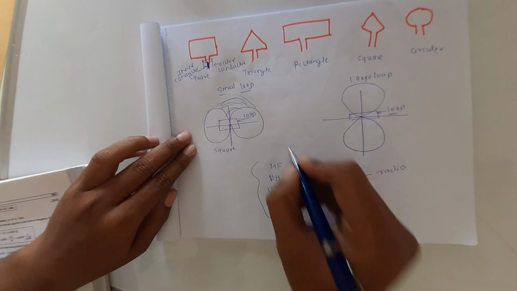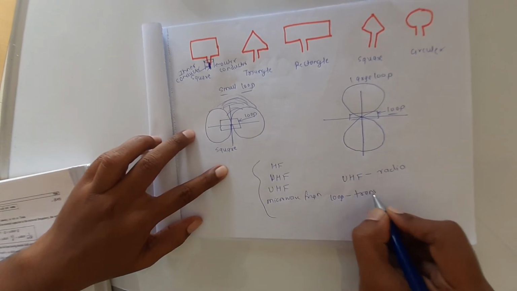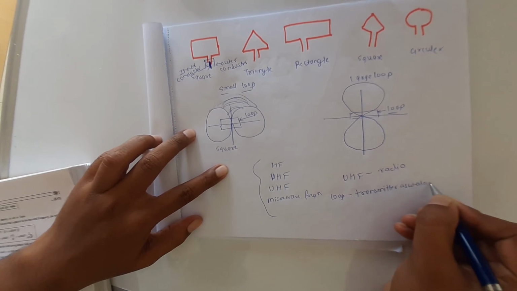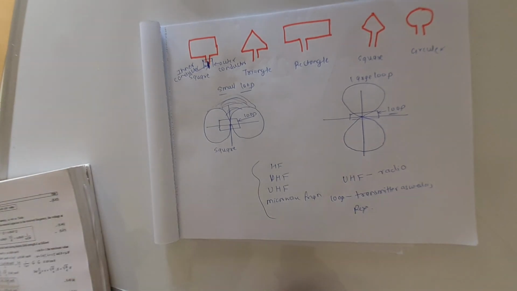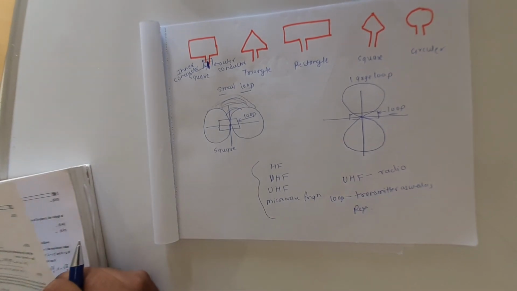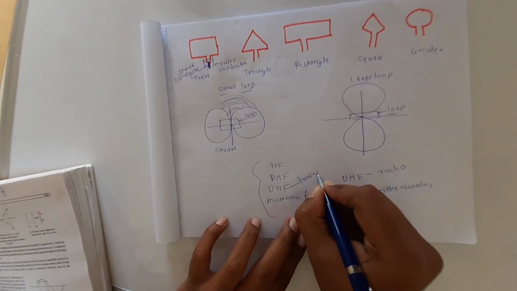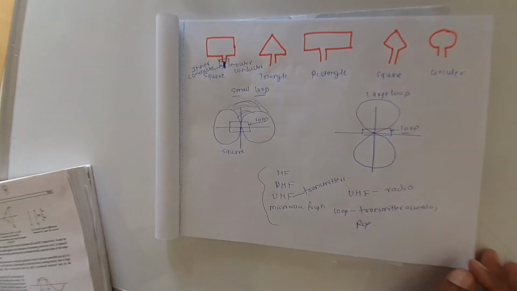Here the loop antenna works as a transmitter as well as a receiver. It also works for a UHF transmitter.